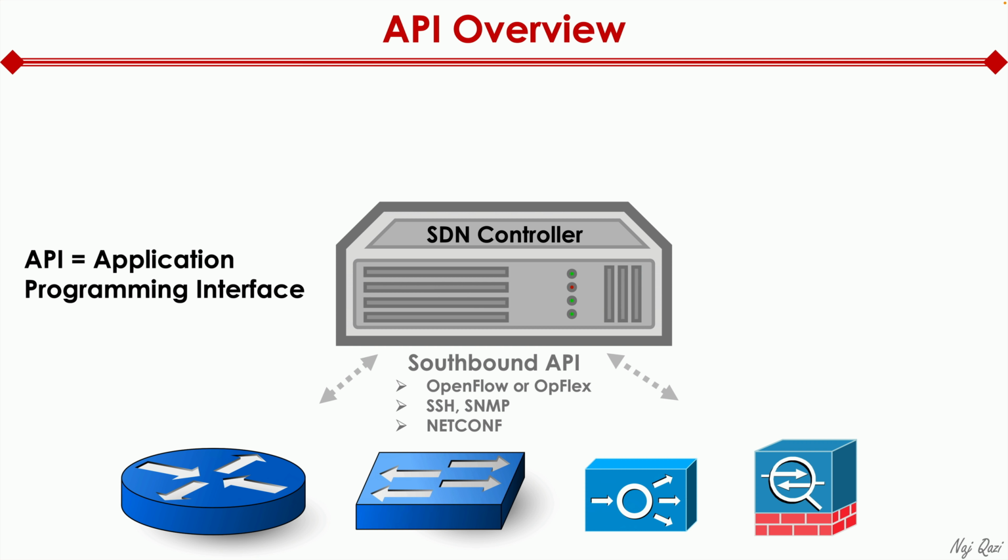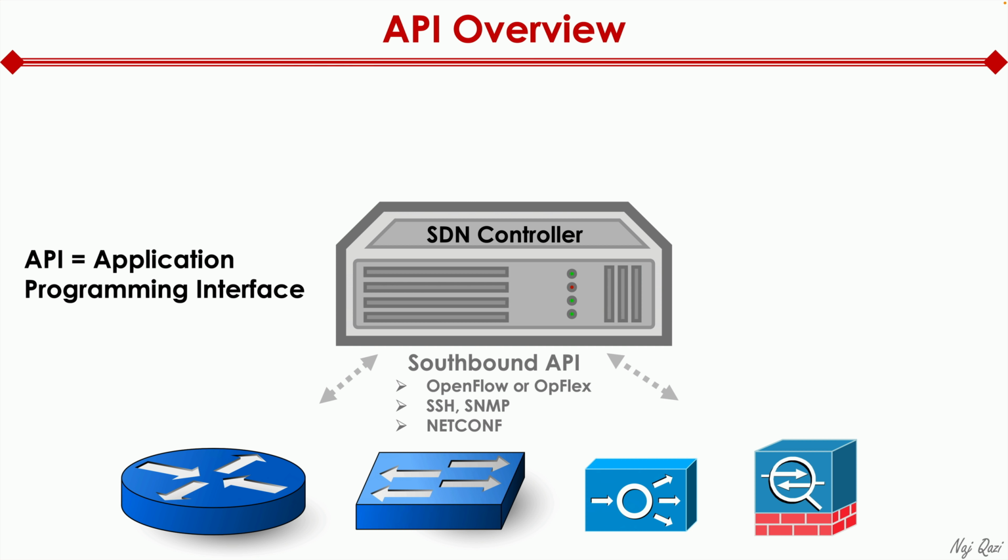And it uses protocols like OpenFlow, which is an open standard protocol, or OpFlex, which is Cisco proprietary. It uses SSH, SNMP. It could use NETCONF or a combination of all to provision the network, to monitor the network, to configure the network.